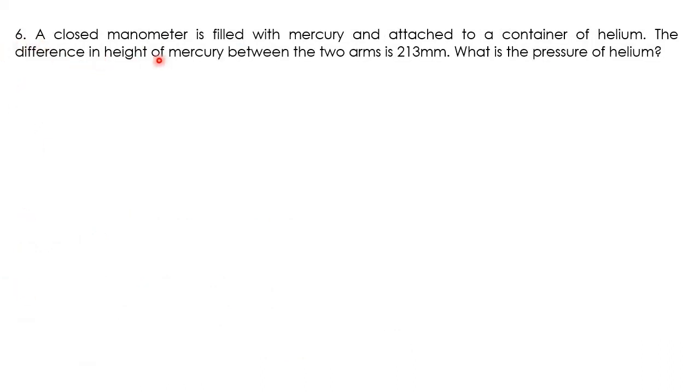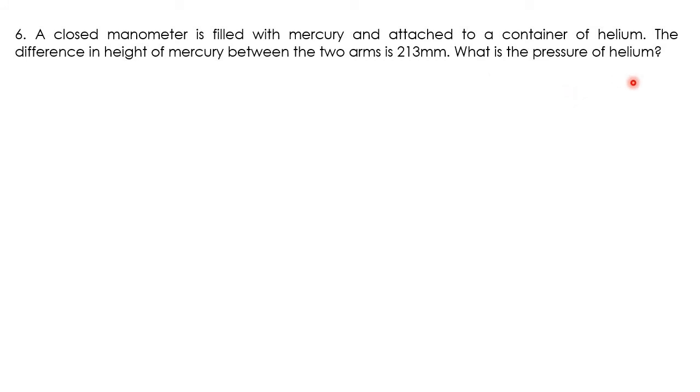Problem number 6. A closed manometer is filled with mercury and attached to a container of helium. The difference in height of mercury between the two arms is 213 millimeter. What is the pressure of the helium?